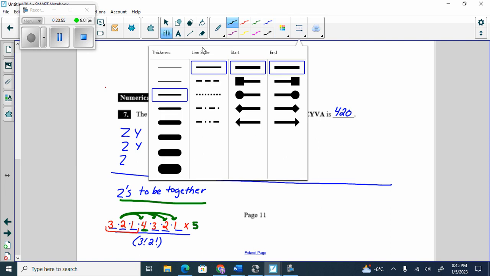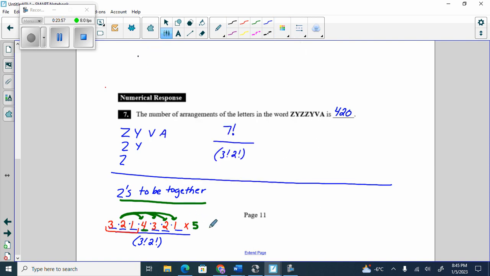So I would get on the top 5 factorial, 3 factorial, over 3 factorial, 2 factorial. The 3 factorials cancel, so it's 120 divided by 2, which is 60. So remember, it's the together part. So it's to be together.